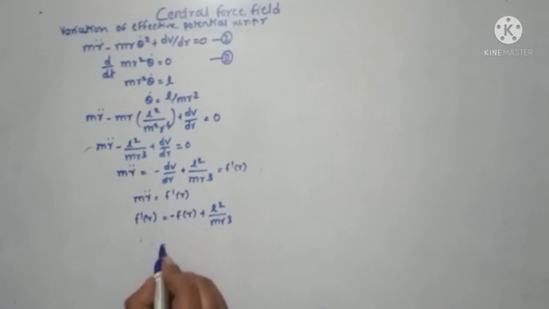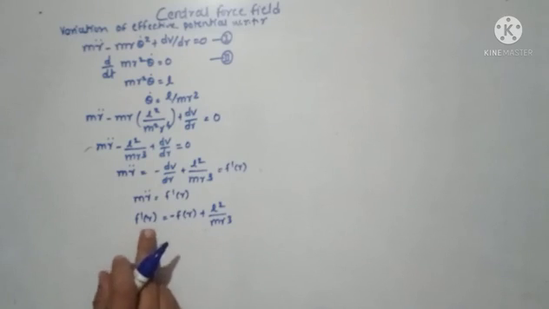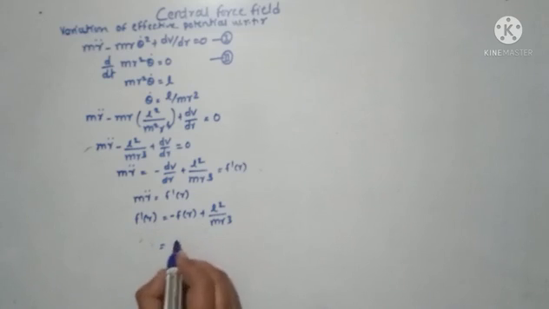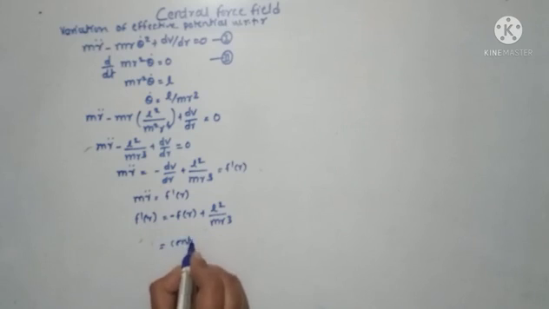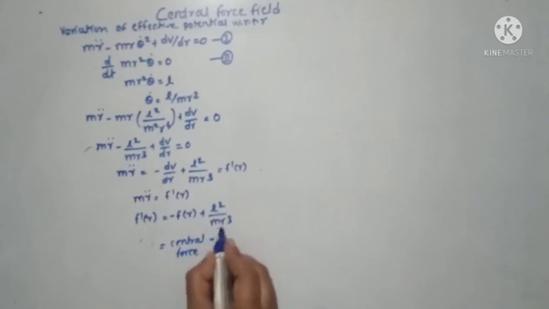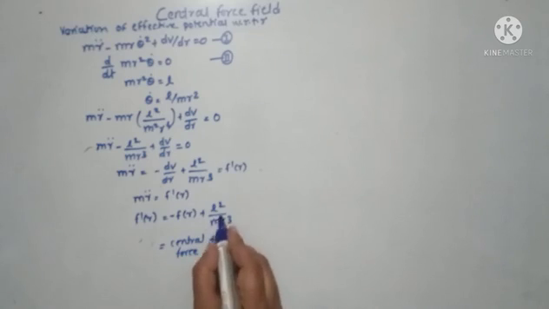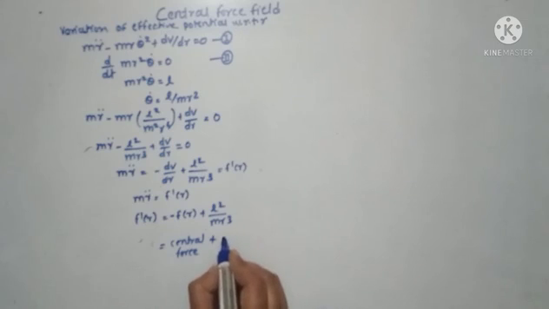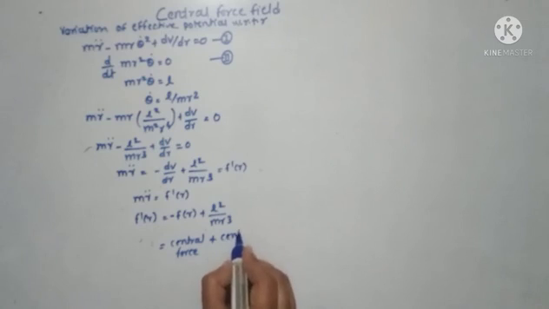Here you can see that this f dash is an effective force, which is a combination of the central force and L squared upon m r cubed, which is nothing but the centripetal force required for the orbital motion. So I will write this term as the centripetal force.